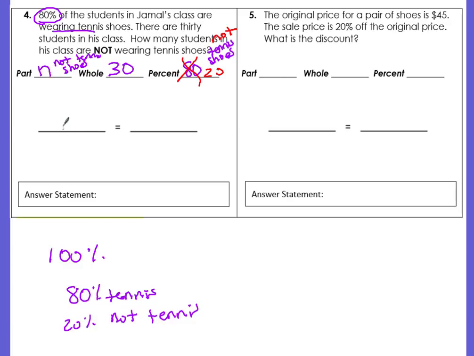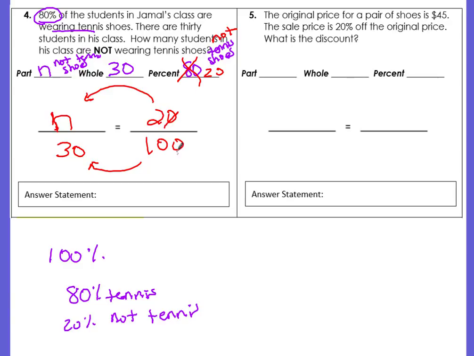Part to whole. The part is unknown. That's our variable n. The whole is 30. The percent is 20, not 80, but 20, always out of 100. To go from our known to our unknown, we're going from right to left. We're getting smaller. Is there any whole number that we can divide 100 by to make 30? No. But simplify.